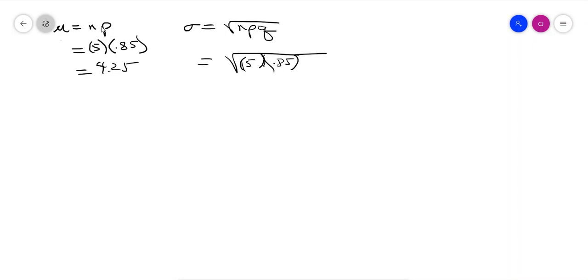And q, so q is 0.15. Okay. So how did I get that? So Q is the complement of P. Q is equal to 1 minus P. In this case, Q is equal to 1 minus 0.85, 0.15.